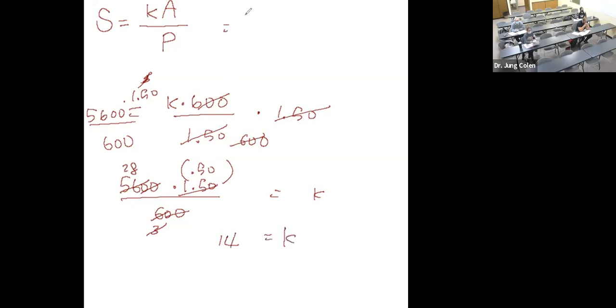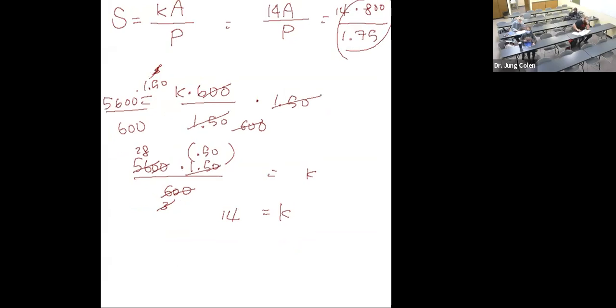So our constant K is 14. So S is 14 times A divided by P, right? Using this, you can determine the expected sales if the advertising budget is 800 and the price is $1.75. You can just calculate this to estimate the number of sales.